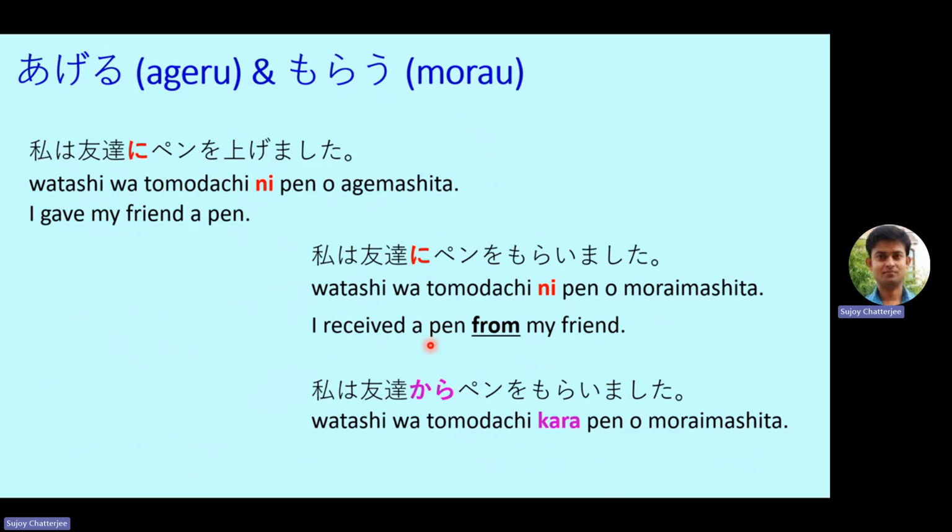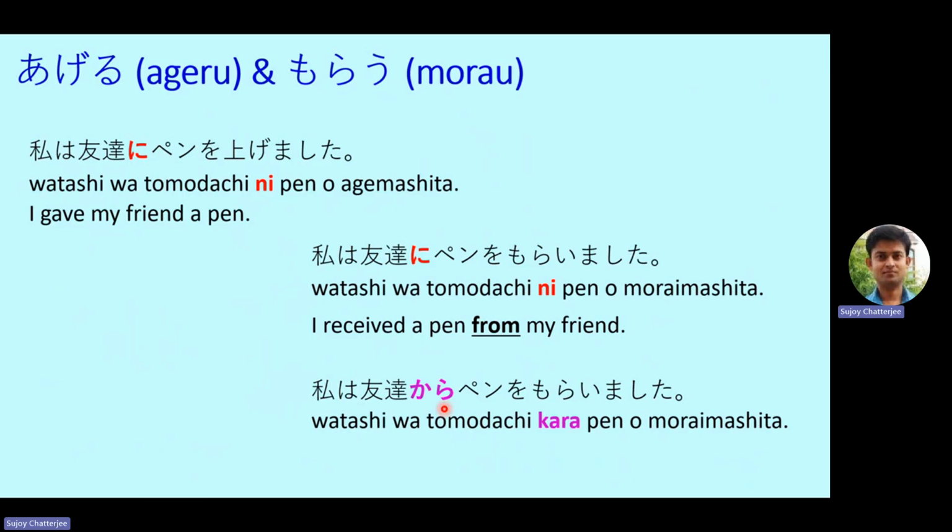And another very, very important thing. So till now, for from, we have been using kara. So we discussed this kara particle from two perspectives. One was place kara, that means from a place, or time kara, from a time. That means a meeting is from 3 p.m., so we would say sanji kara, right? Sanji kara or niji kara, that means from 2 o'clock.